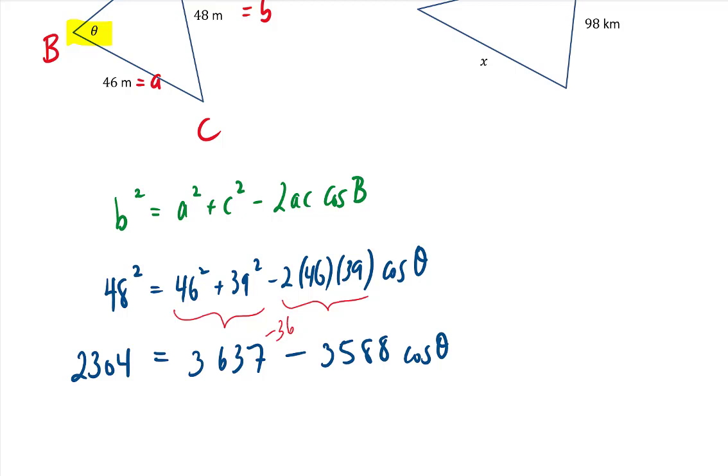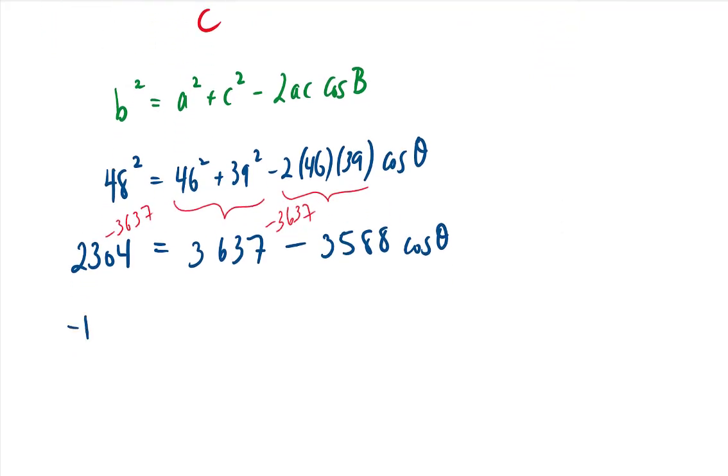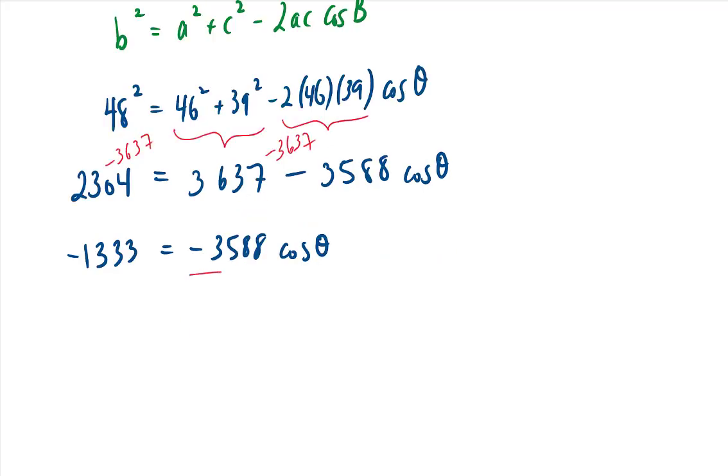So I'm going to minus 3,637 from both sides to get that cosine theta on its own. And that gives us negative 1,333, which equals negative 3,588 cosine theta. Divide both sides by negative 3,588 to isolate for cosine theta.